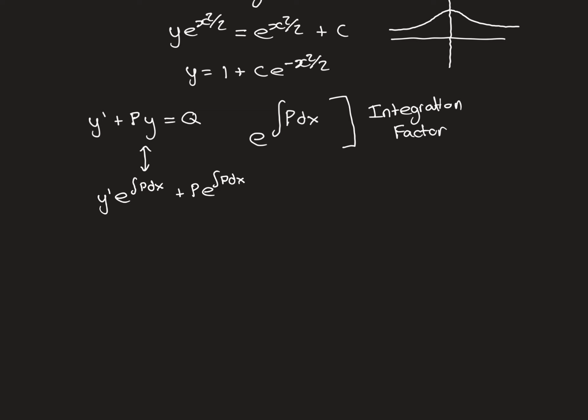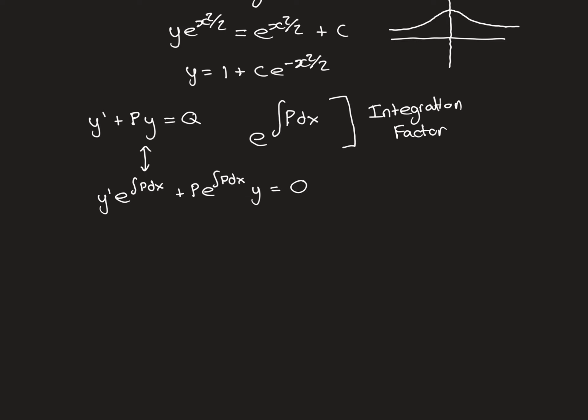And I might start calling the integral of p dx the antiderivative of p. Equivalent thing, but it makes it somehow seem less scary. I mean, this looks hideous, but it really isn't. This is just the antiderivative of this thing down here, so that overall this is the derivative of this.